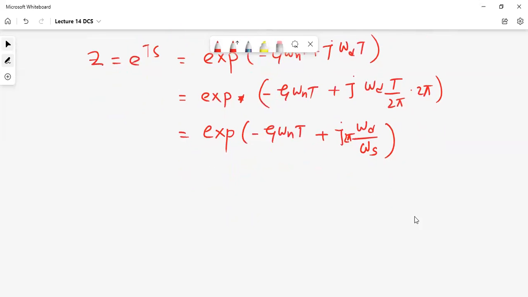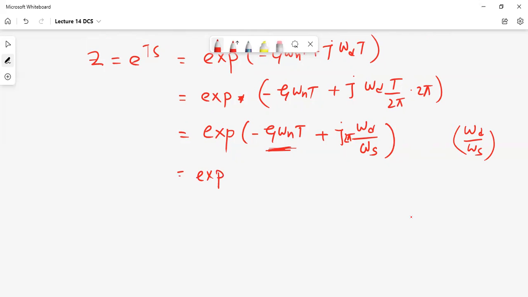Now, can we also find the magnitude as a ratio of the sampling frequency? If we introduce omega d and omega s here as well, that will be helpful to plot the line.